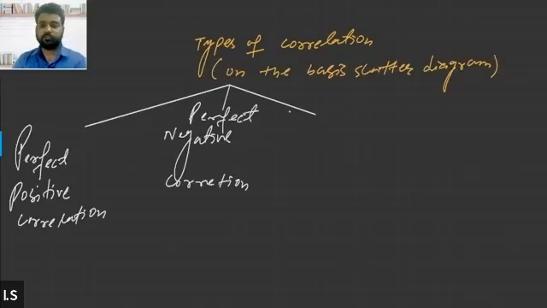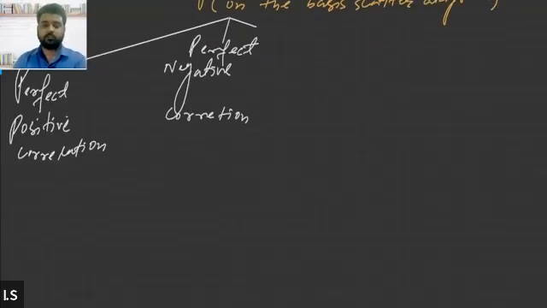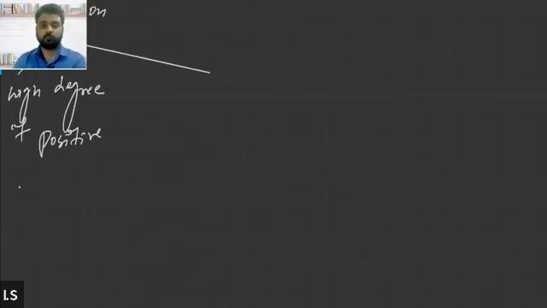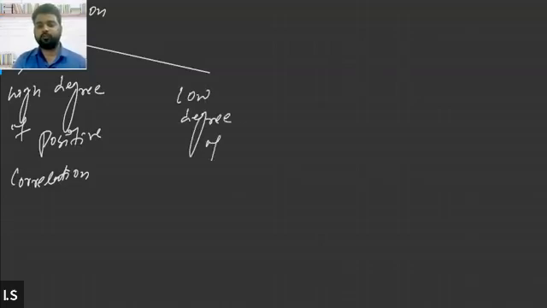So positive correlation can be further divided into high degree of positive correlation and low degree of positive correlation.